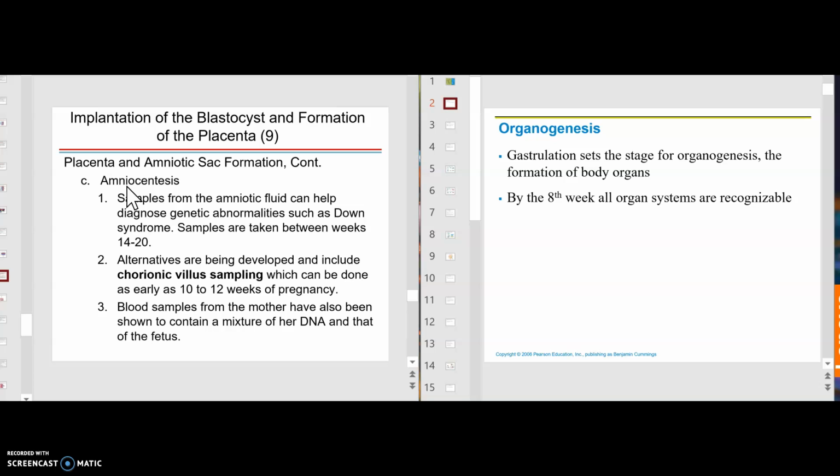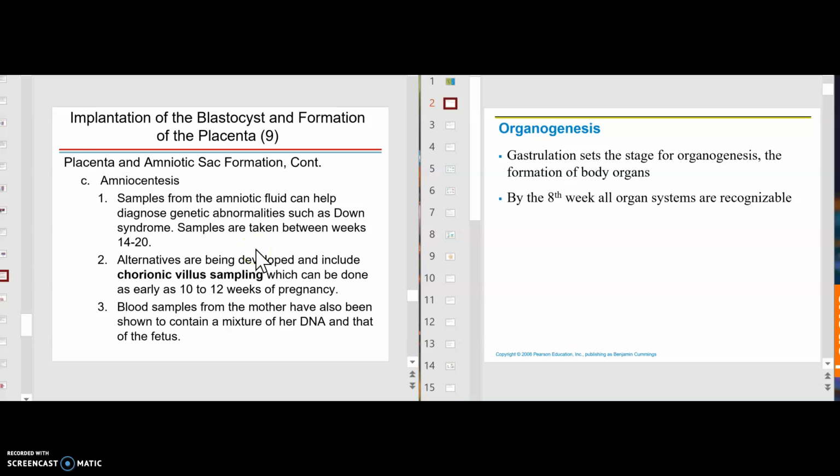Initially, it's a secretion off the wall of the chorionic area, and later the amnion, and later it'll be basically secreted by urination of the fetus inside. Okay. So samples from the amniotic fluid can help diagnose genetic abnormalities such as Down syndrome.